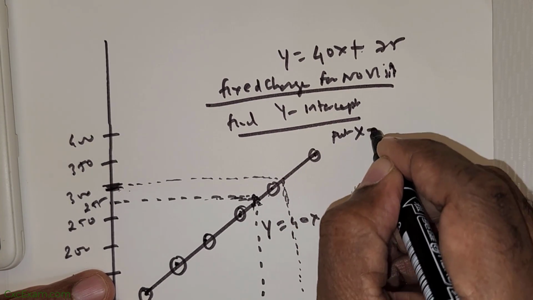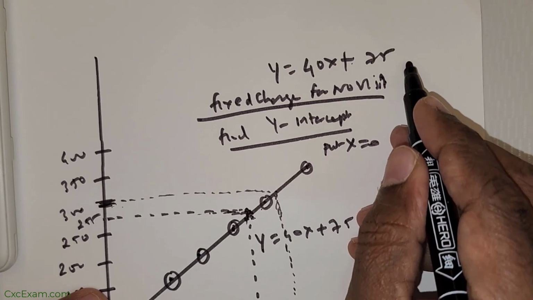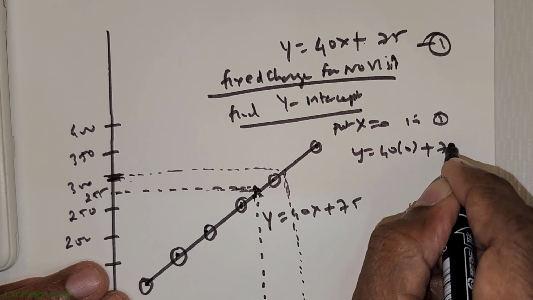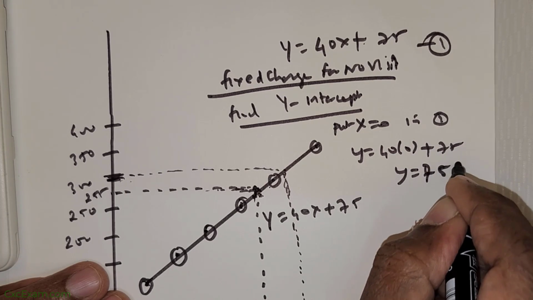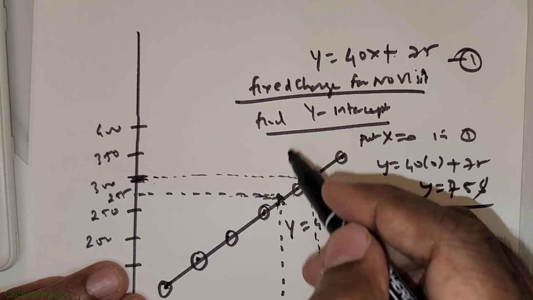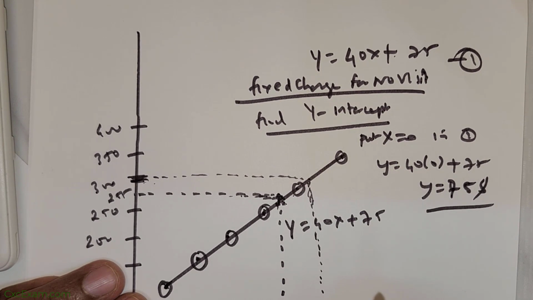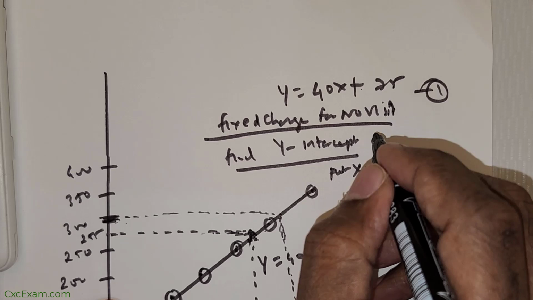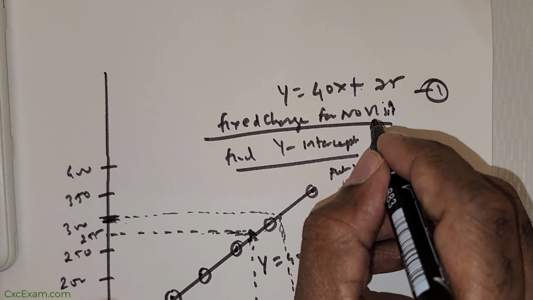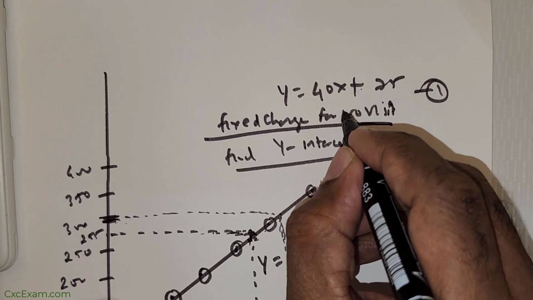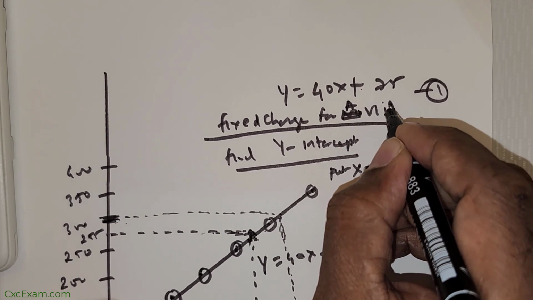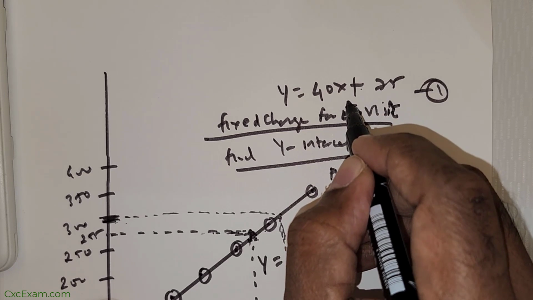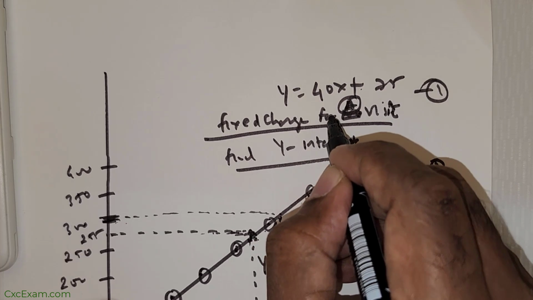Put x is equal to 0 in the equation. So y is equal to 40 times 0 plus 75, so y is equal to $75. You have to state it like this. Note there's a typo on the question: this is the fixed charge for a visit, not for no visit.